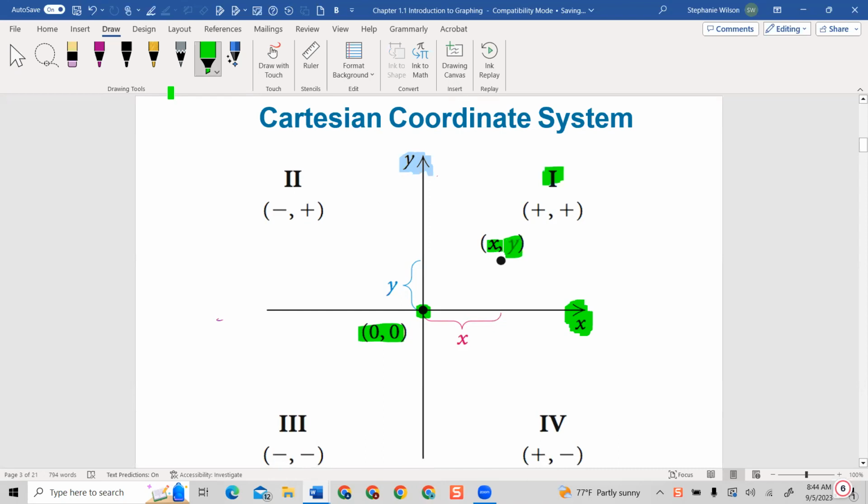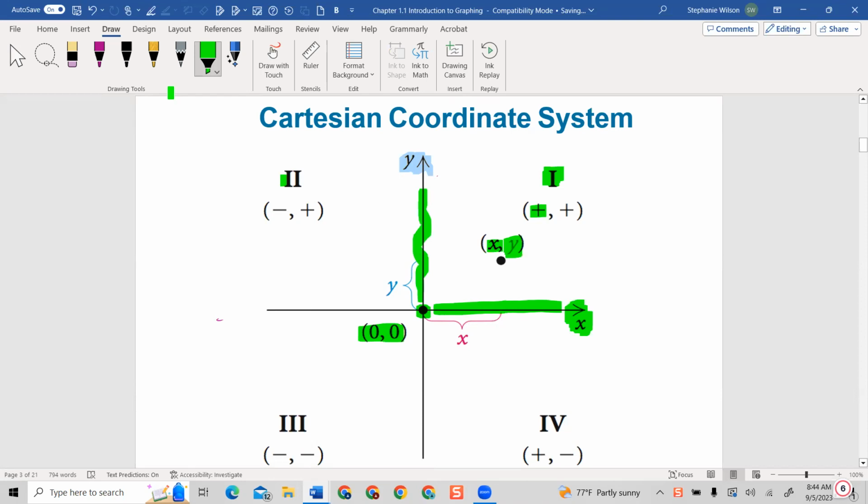We have a quadrant 1, and in quadrant 1, we have x comma y, where x is a positive value. So every number to the right side of the origin is positive for x, and all the numbers above the origin are positive for y.